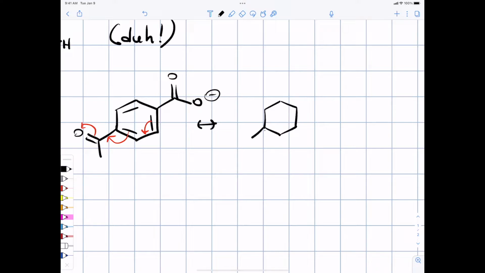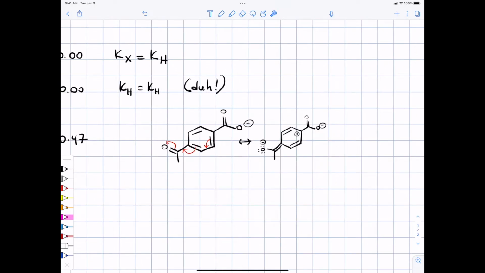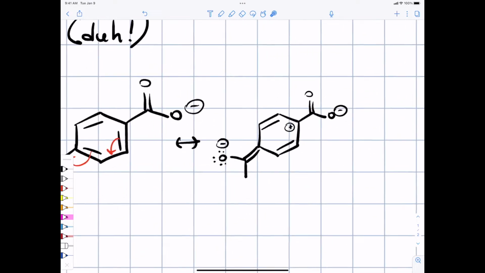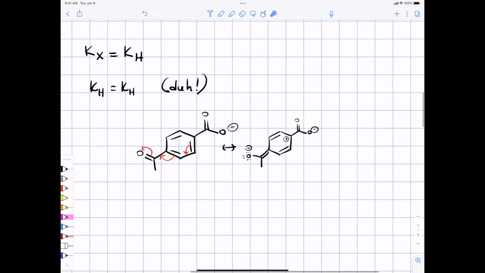By resonance, I can put a positive charge in the ring adjacent to the carboxylate group in the conjugate base of the benzoic acid. That's going to stabilize this negative charge. If you have an electron-poor carbon adjacent to a carboxylic acid group, that should pull electron density away via an inductive effect.